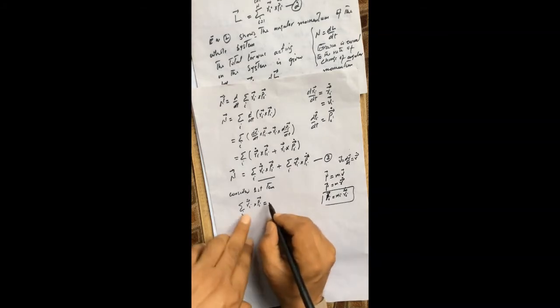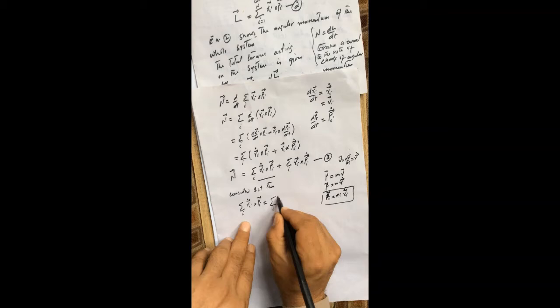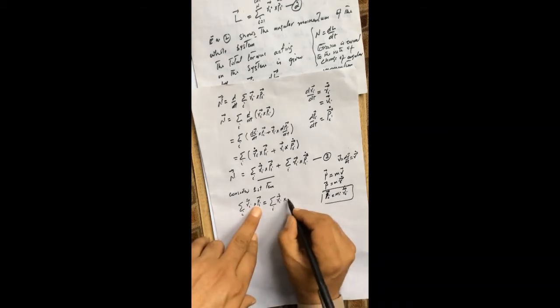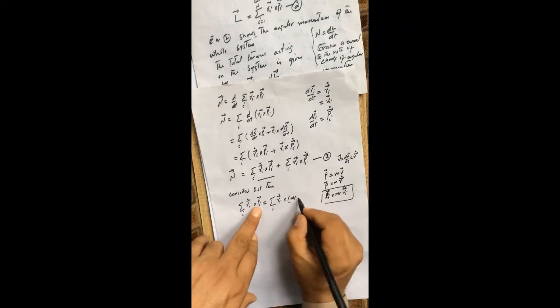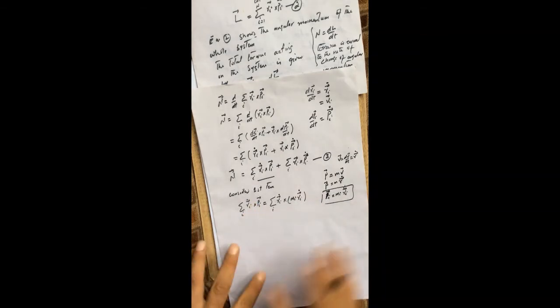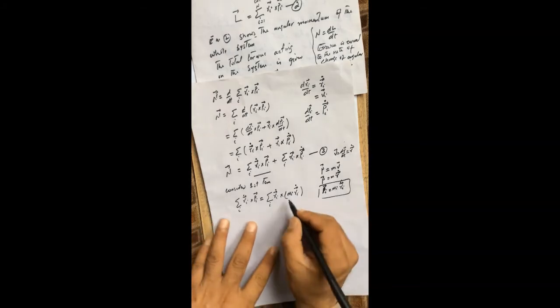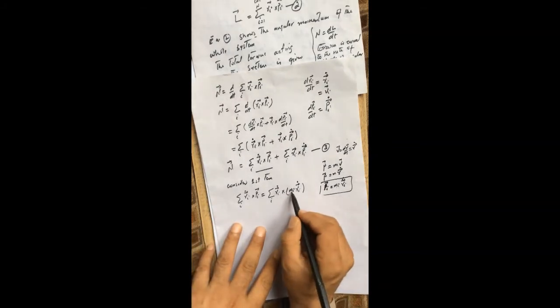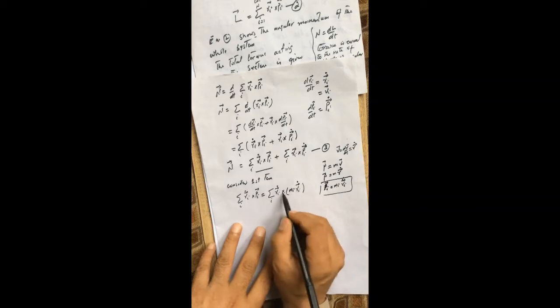So here I have sum over i of ri dot cross mi times ri dot. Now we know that the mass of the ith particle is a constant quantity, so we can keep it outside of this cross product.